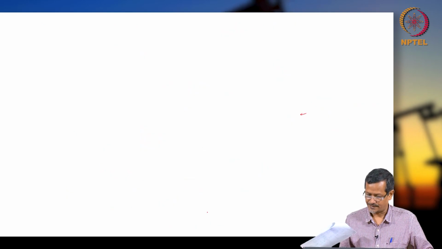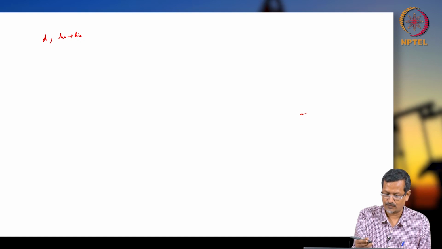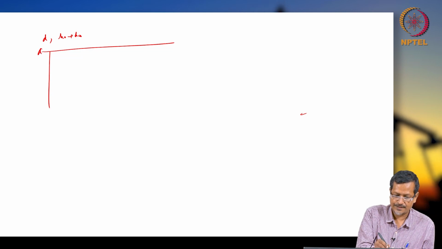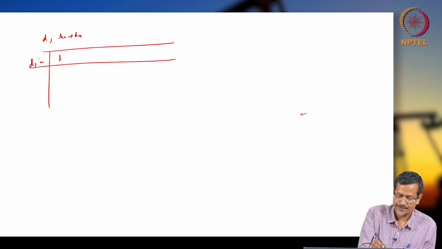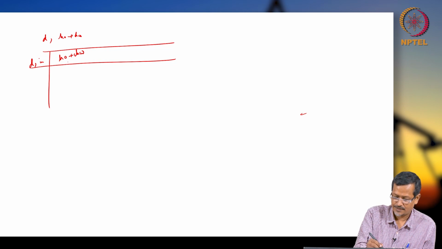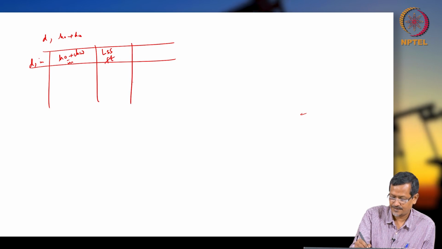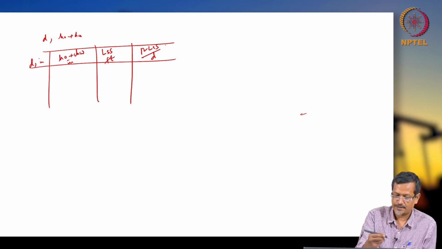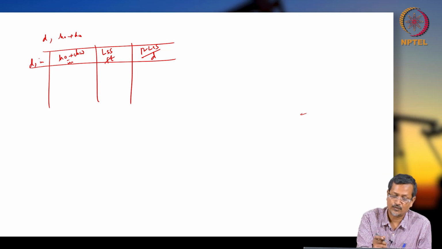Now I'll go to the next slide. Now we have to calculate combinations of D and HO plus HW, and prepare one table with D in inch, HO plus HW in inch, LSS in feet, and 12 LSS by D. Initially we got D values 29 and 83, and we take the bigger one, 83.